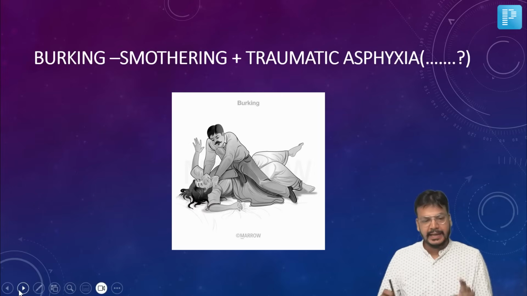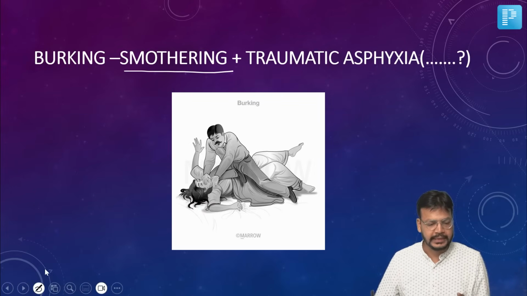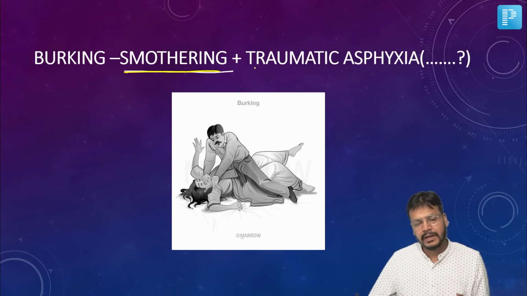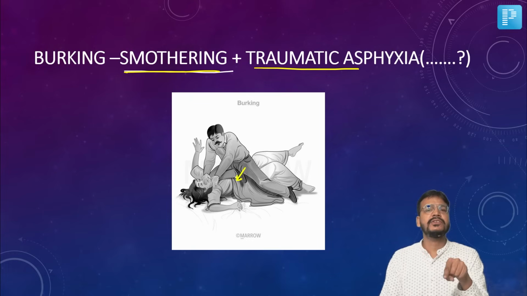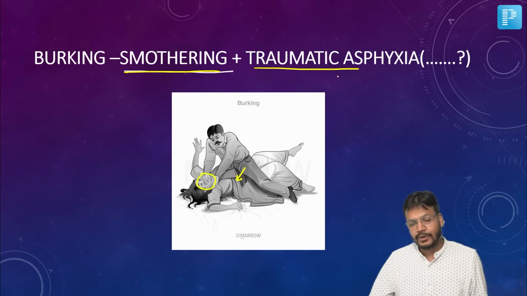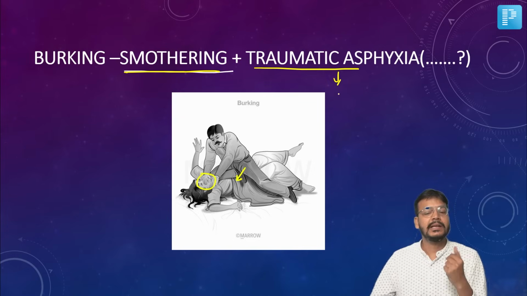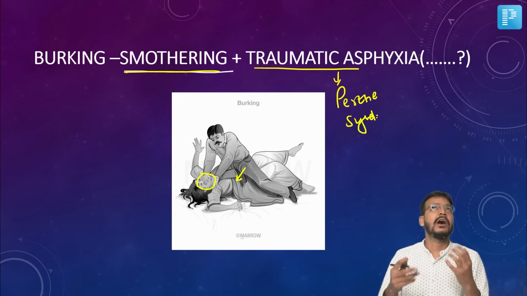Burking, actually sir, is a combination of two things, very important. Number one, homicidal smothering, and traumatic asphyxia. The person is sitting on the chest, causing traumatic asphyxia, along with homicidal smothering. Doctor Saab, does anyone remember another name of traumatic asphyxia? Perthes syndrome. How to remember, sir?